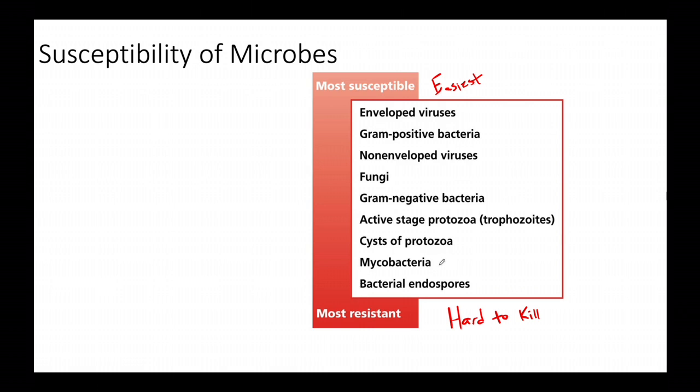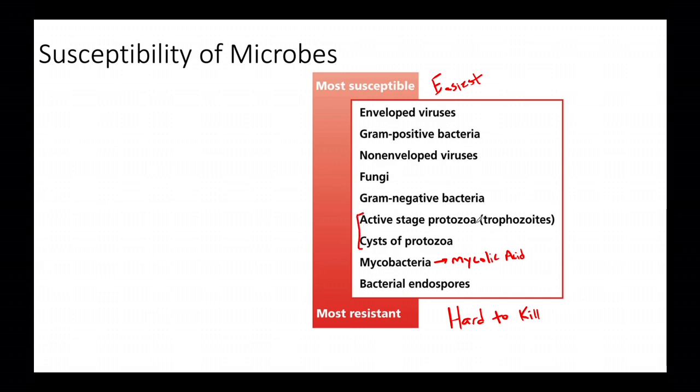Backing up one, Mycobacterium, they have that thing in their cell wall that makes them a little bit different. They were an exception to the cell wall rule because they have mycolic acid that's also fairly protective. We said mycolic acid was kind of a waxy molecule, so it protects them from different chemicals, whether it's disinfectants or antiseptics.